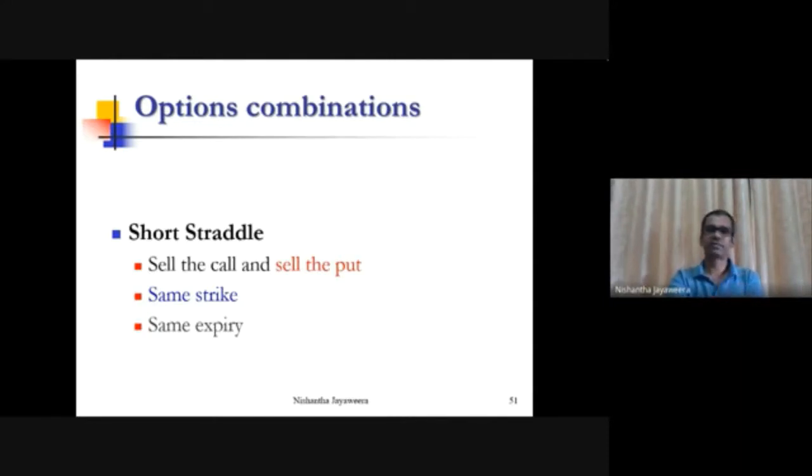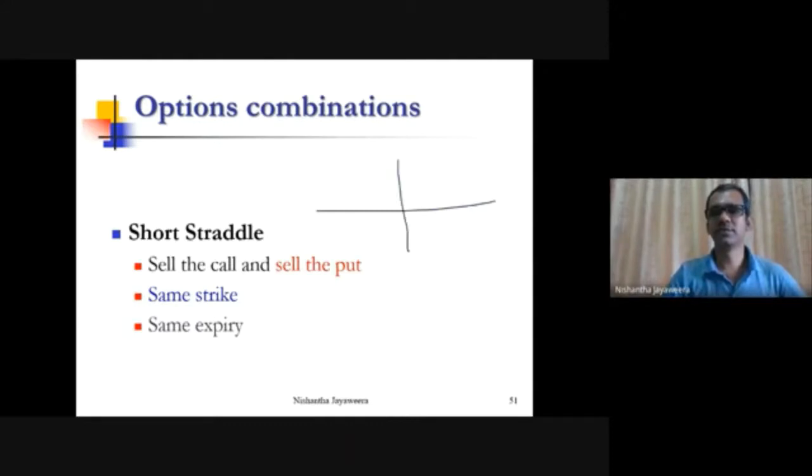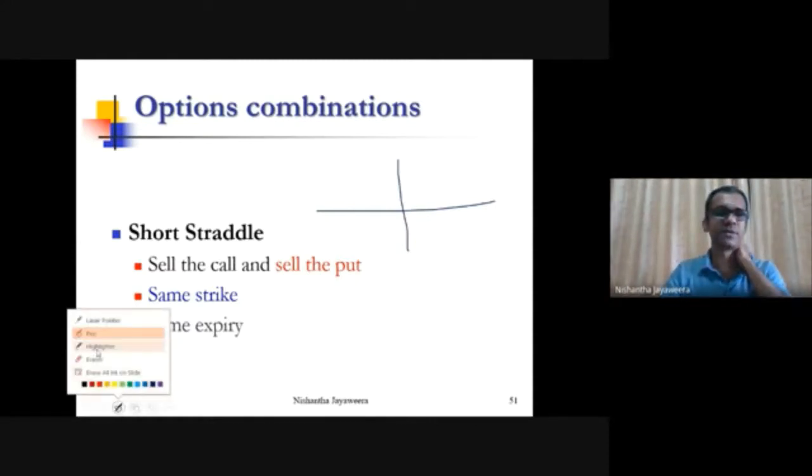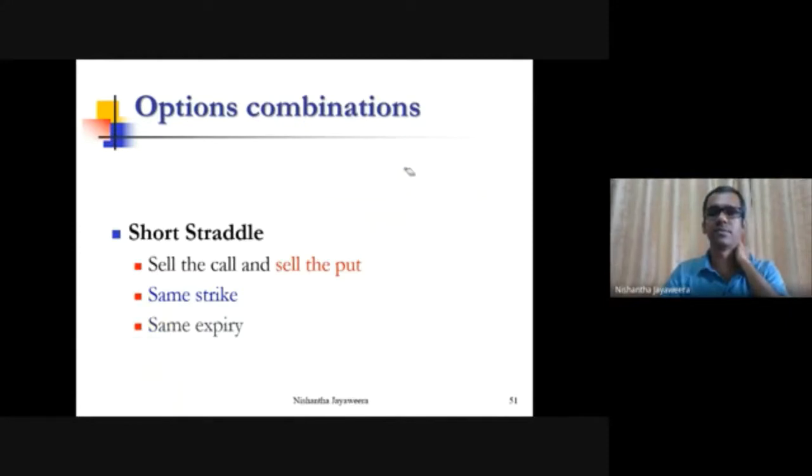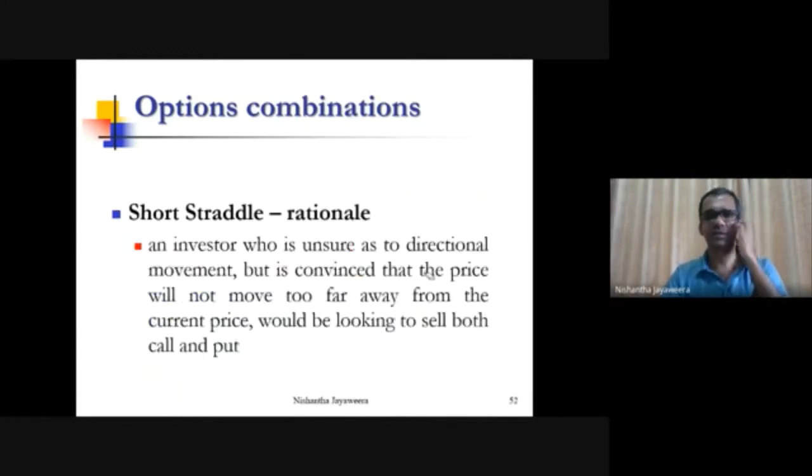Instead of buying a call and a put with the same strike and same expiry, you sell the call and the put with the same strike and same expiry, and your payoff diagram would be the opposite of the previous one. Why do this?